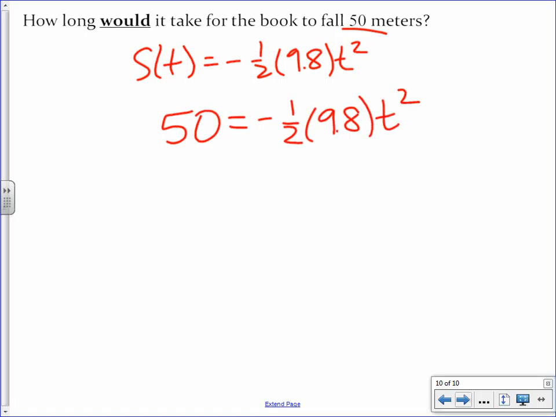So we need to divide this over, and then square root it. So really, if it's falling, this would have to be a negative 50, right? So that we're not square rooting a negative number. Okay?